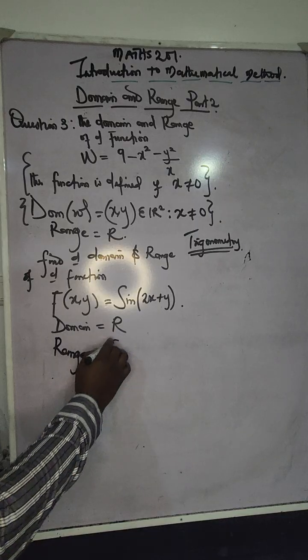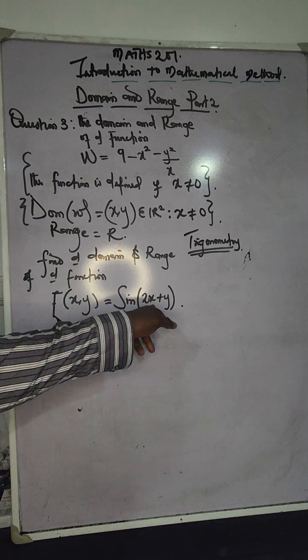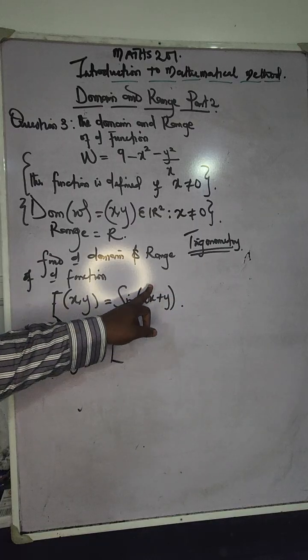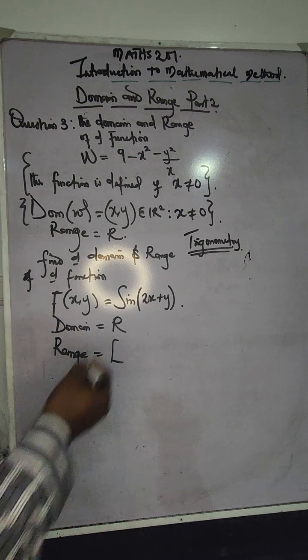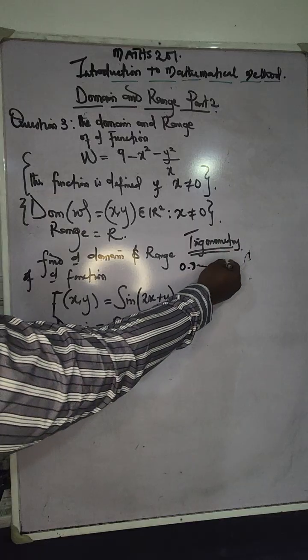Now, this is where I come in. No matter the number you put in here, let's assume that everything here sums up to 1 billion. Sine 1 billion, whatever the answer will be, it will not be more than 1.